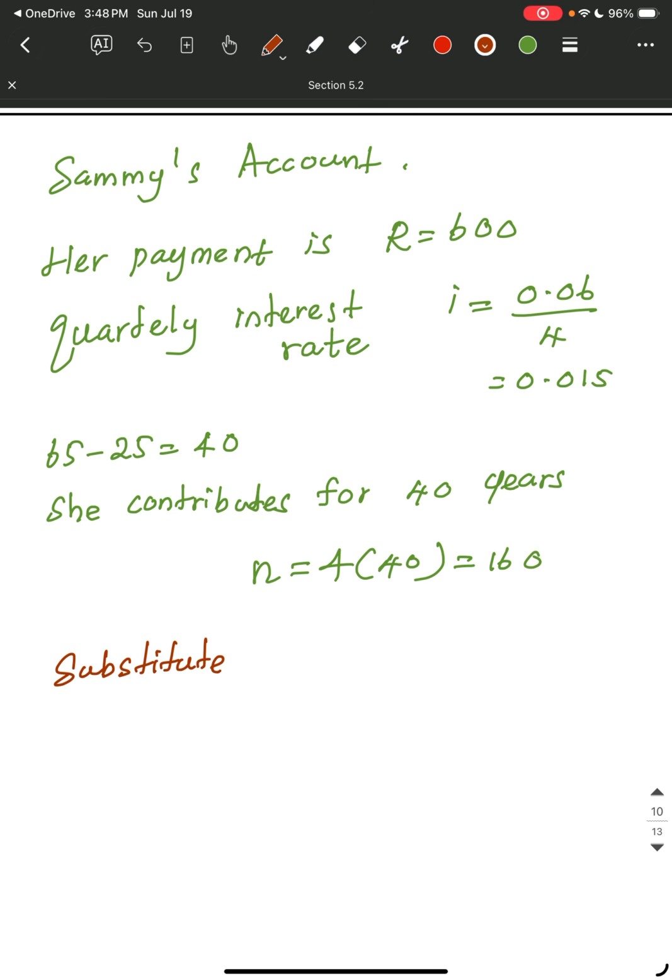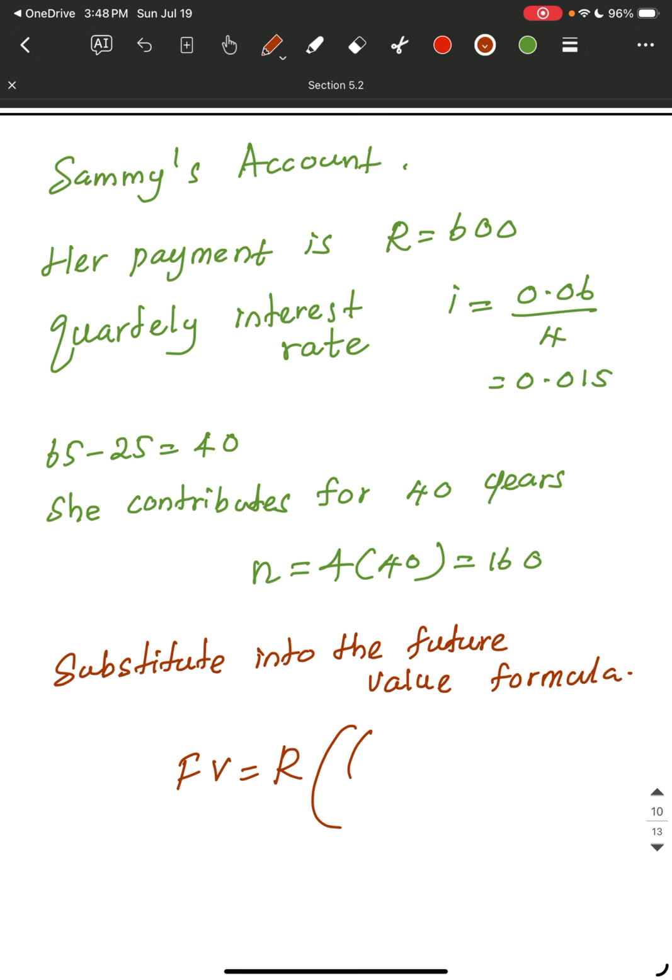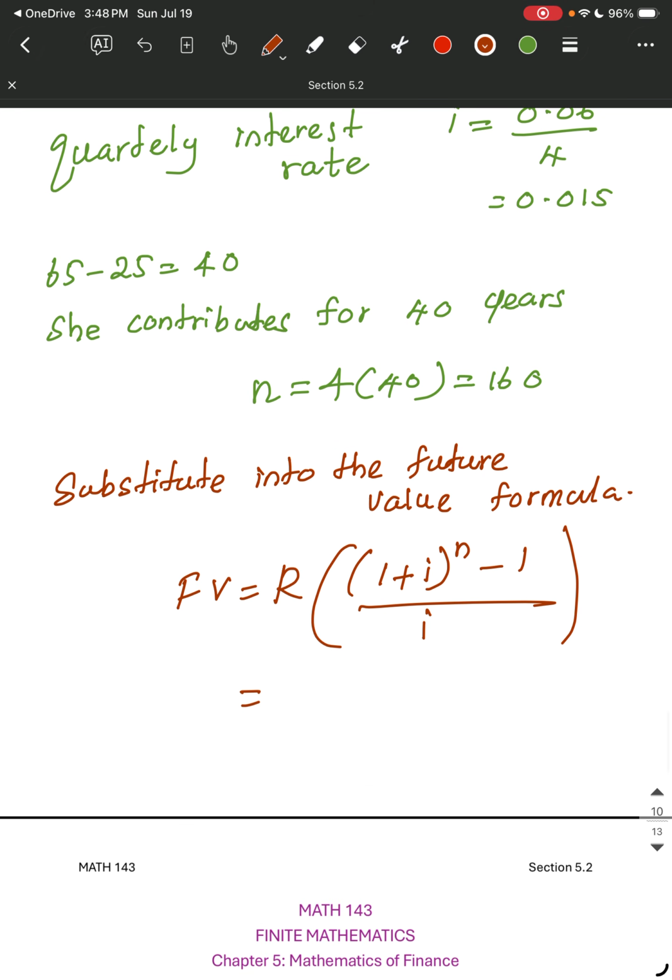So future value equals R times 1 plus i to the power n minus 1 over i. We have R 600, 1 plus i, 0.015, to the power 160, minus 1, over 0.015.